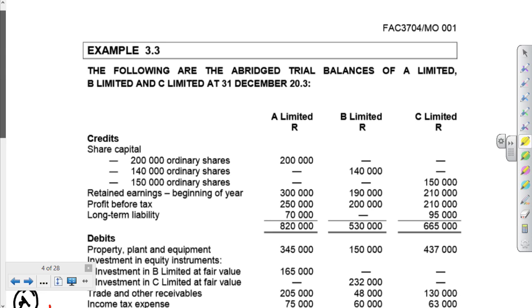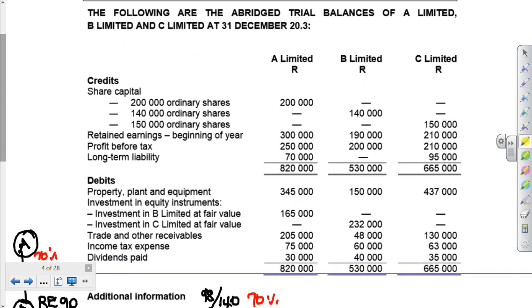And immediately when you get given a trial balance, you can see whether it's a vertical group or not from the cascading of the investments. So we can see them over here. A has an investment in B, B has an investment in C. You can see them cascading.